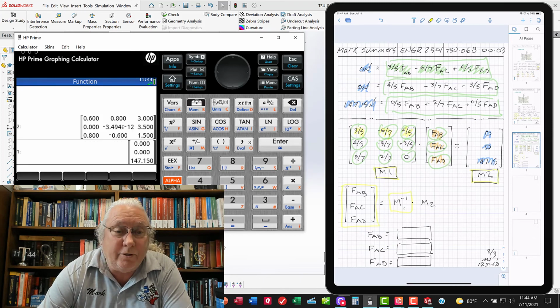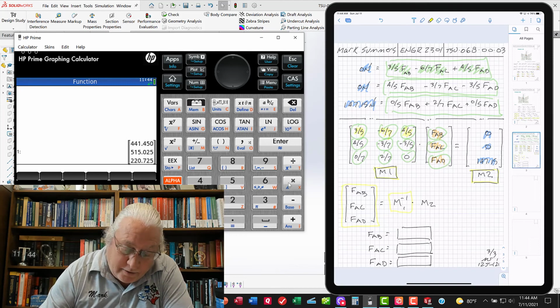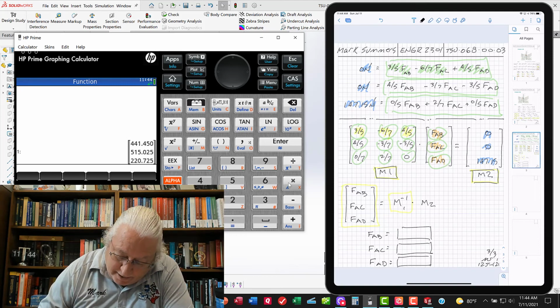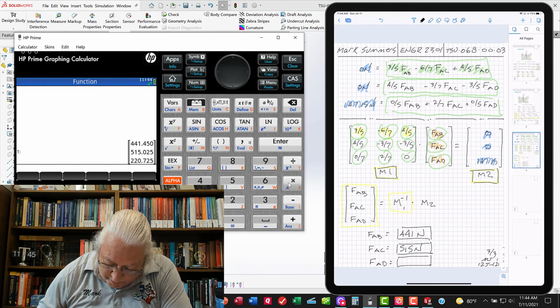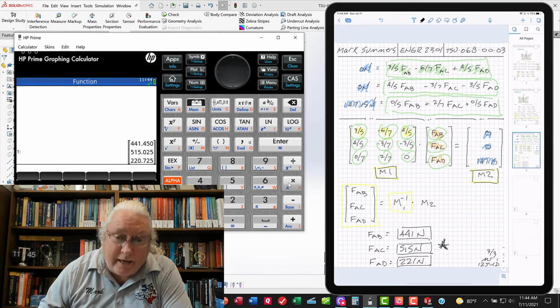There's M2. If I multiply these together, that's going to give me my answers to the three unknowns. So I got 441, and I got 515 newtons, and I got 221 newtons. That's what I'm looking for, and that's what I got there.